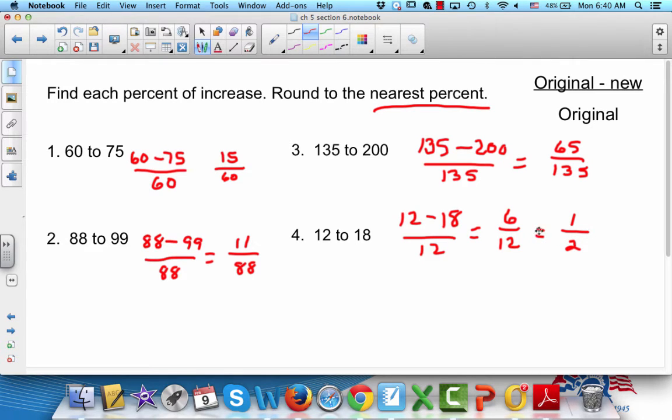And most of us would recognize that quickly to know that that would be 50%. But if we're having one of those days and we don't recognize it, we can go 1 divided by 2. 2 goes into 10 5 times. That gives us 10. And we go 2 places to the right, and that gives us our 50%.